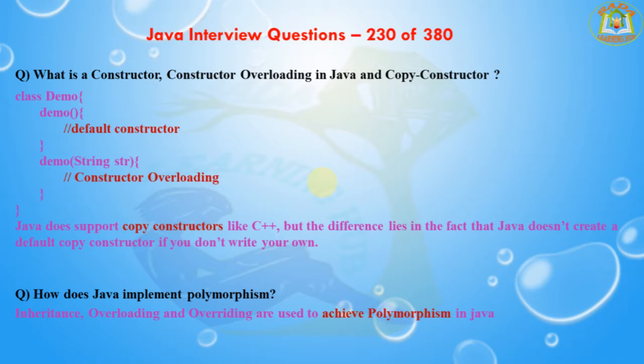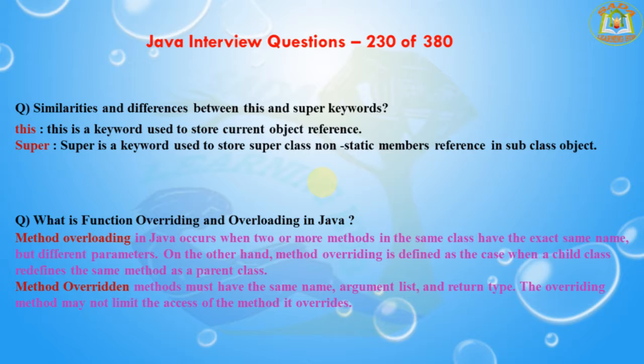Similarities and differences between this and super keywords. What are the similarities and differences between the super and this keyword? This is a keyword used to store the current object reference. It must be used explicitly if non-static variable and local variable names are the same.